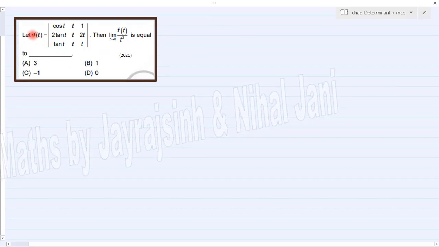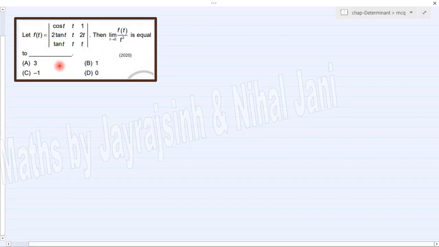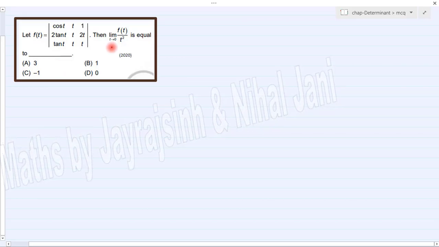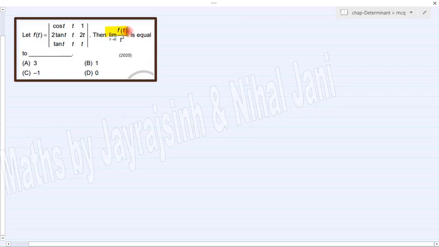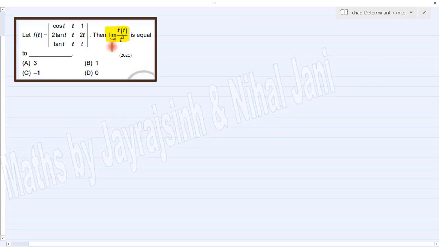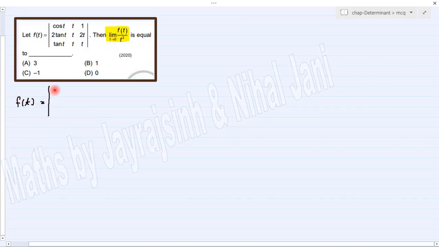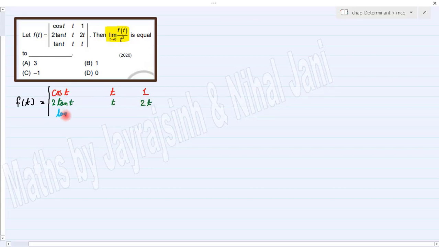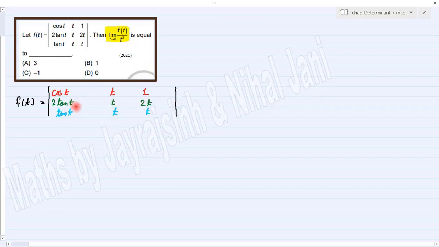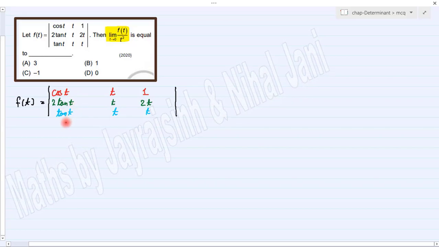In this question, we have function of t equal to a determinant, and we have to find the limit as t tends to 0 of f of t upon t square. So first of all, let's try to get the value of the determinant. Now, we can expand our determinant directly, but before that, let's try to get maximum zeros.